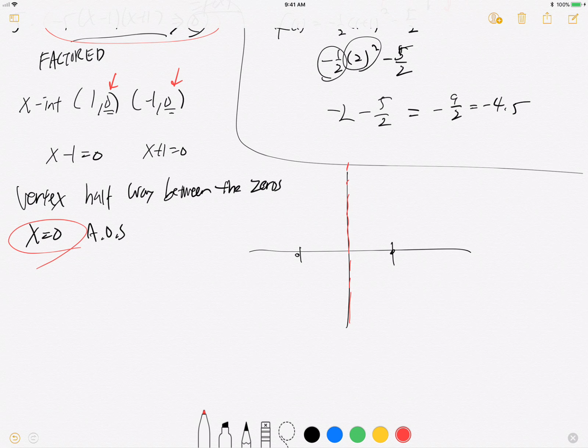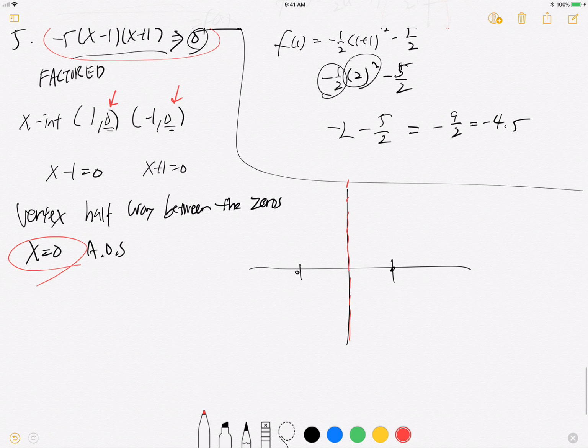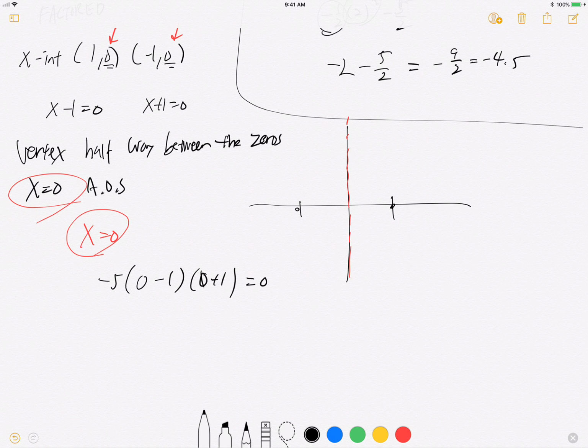Then afterwards, we need to find the vertex. We already found out that the x coordinate of the vertex is 0, so why not just plug it in? Negative 5 times 0 minus 1, 0 plus 1. All I'm doing is trying to solve for the y value when x is equal to 0.